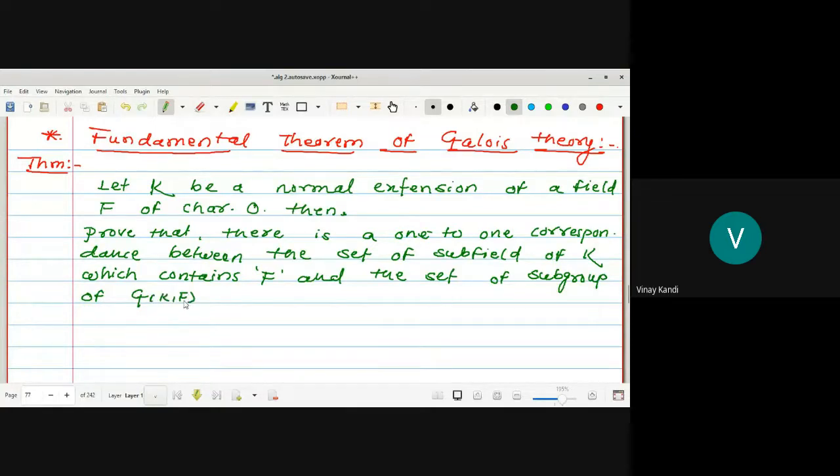Okay, what we have to show is that there is a one-to-one correspondence. What is the meaning of one-to-one correspondence? One-one and onto mapping. There exists a mapping between the set of subfields of K which contain F and the set of subgroups of GKF.